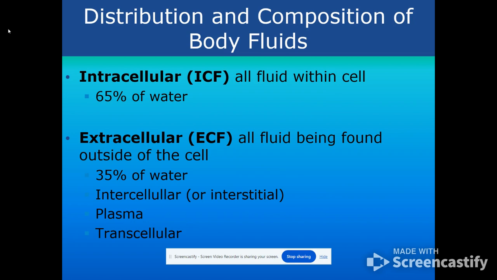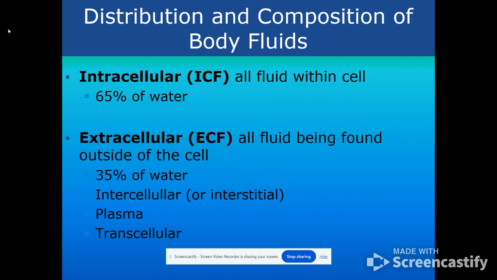Again, we were talking about intracellular fluids. About 60 to 65% of your body is composed of this. It's the fluid found within a cell, and it's about 2/3 of your content. Then extracellular is all fluid found outside of the cell, and this is about 30 to 35% water.